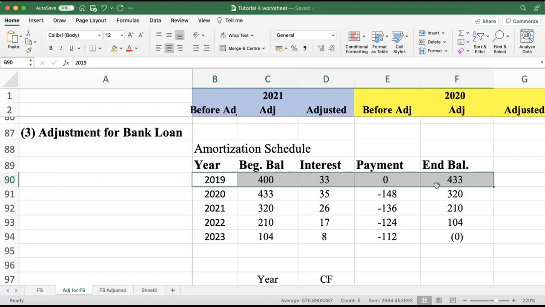So 100,000 is capital repayment. So out of 433, 100 has to be paid within the next year. Therefore, 100 is current liability. Then the balance 333 is non-current liability.